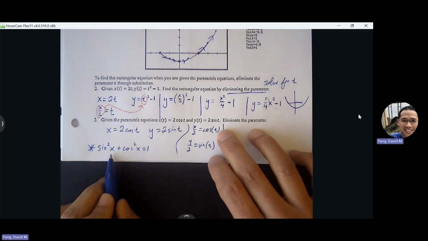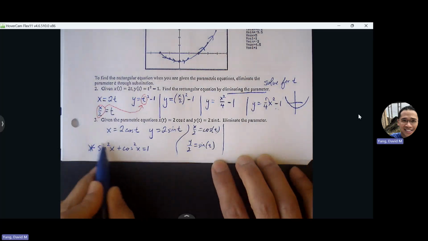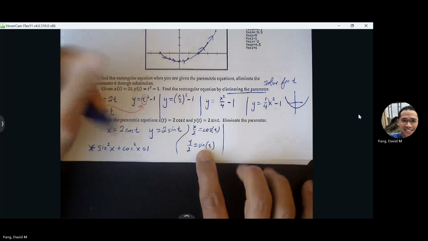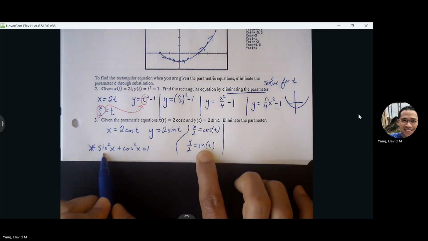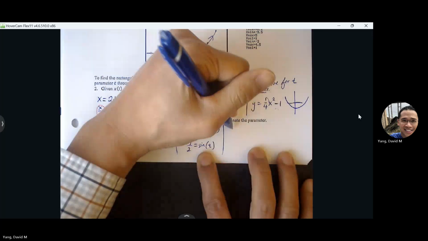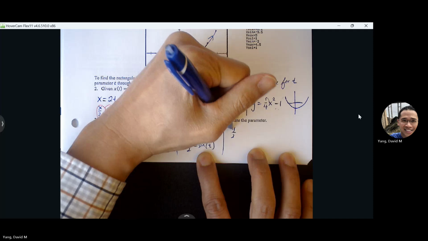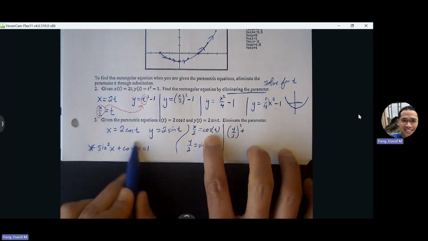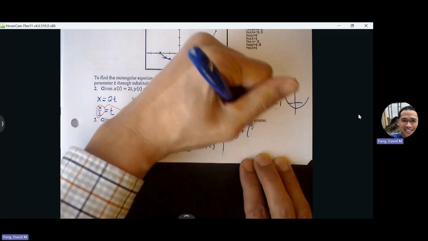if I make that substitution, cosine can be replaced with x over 2, squared. Cosine gets replaced with x over 2, but we've got to square that.